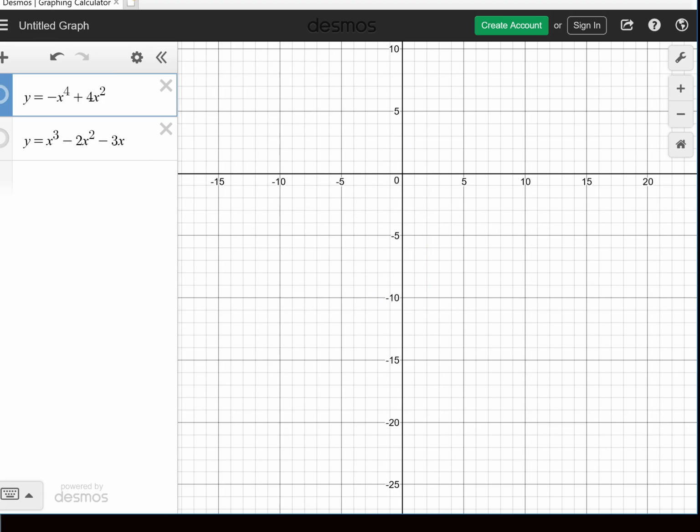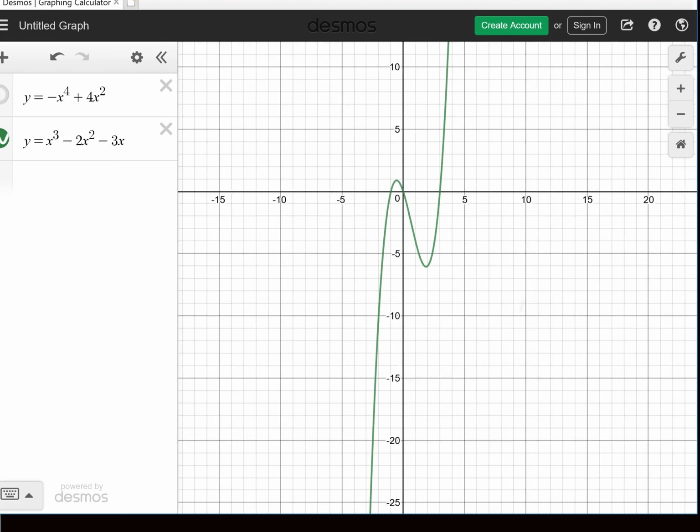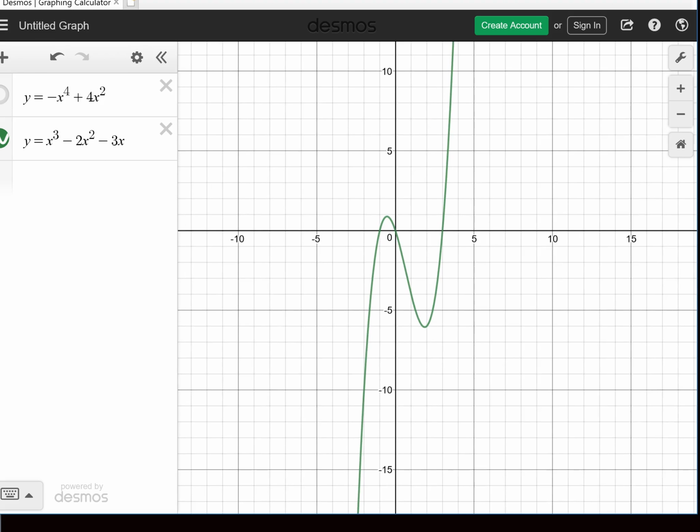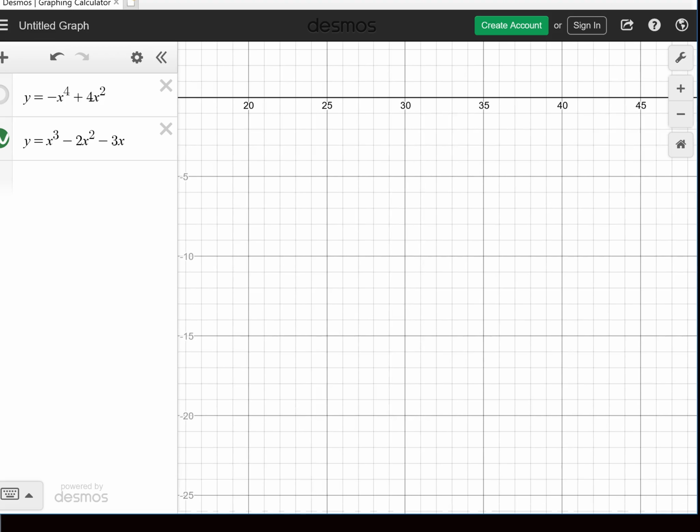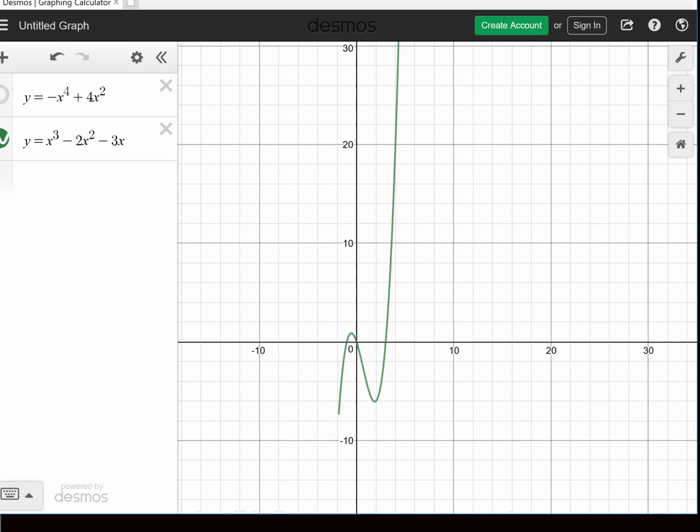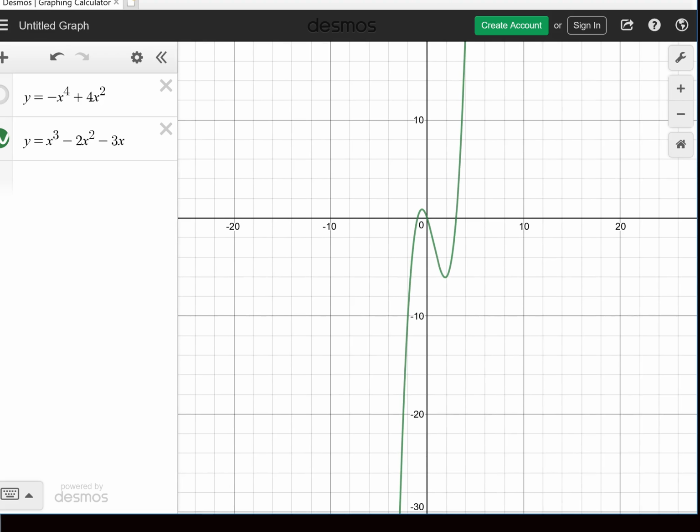The other thing, and you probably guessed this, is what happens if I have something that isn't even. What happens here when I have an odd degree? Remember when you take a negative to an odd degree, you get a negative out.